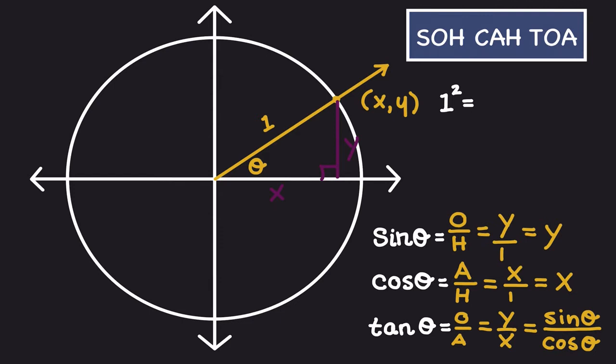And one more bonus identity. You can see up here I wrote 1 squared. Hopefully we all remember Pythagorean theorem, right? The square of the hypotenuse is equal to the sum of the squares of the two legs of a right triangle. Well, our legs are x and y respectively. 1 squared is just 1.